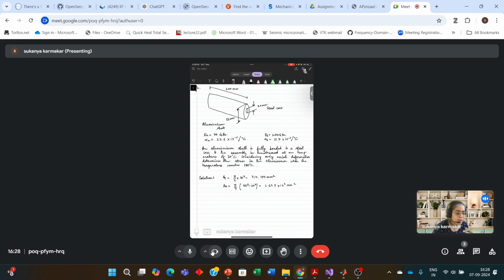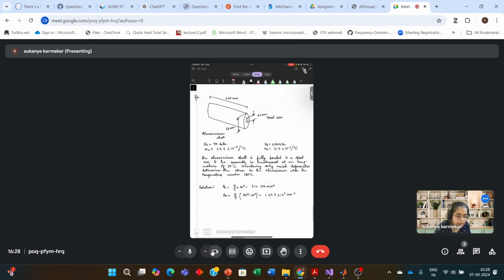Now, the total force acting on the system, P: there is no external force acting on the system. So, the force carried by steel is equal and opposite to that of the aluminium.